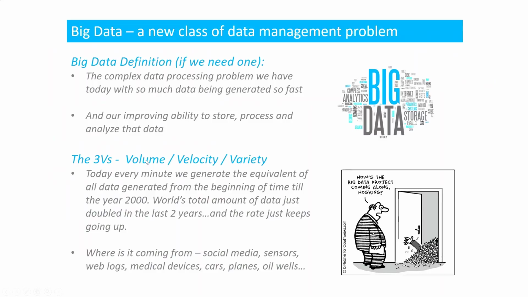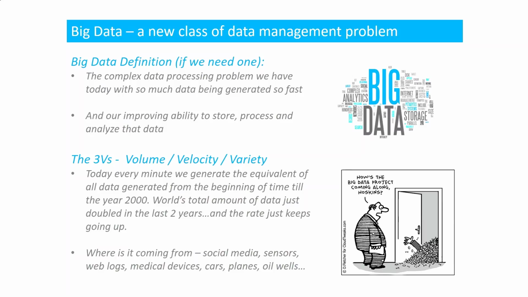And I'm sure you have heard these, Shrikant, Nilima, you have heard the three V's many, many times over, right? The data being generated today, the volume is just too huge, the speed at which that data is being created is too fast, and the types of data being created are not just relational database rows and columns anymore.